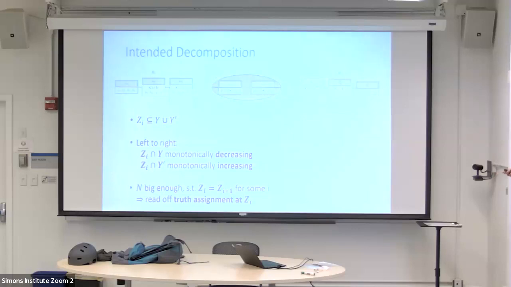If the chain is long enough, at some point we have exactly the same subset of Y's and Y primes, and there we read off the satisfying truth assignment. As I said, it's really just a rough proof sketch.